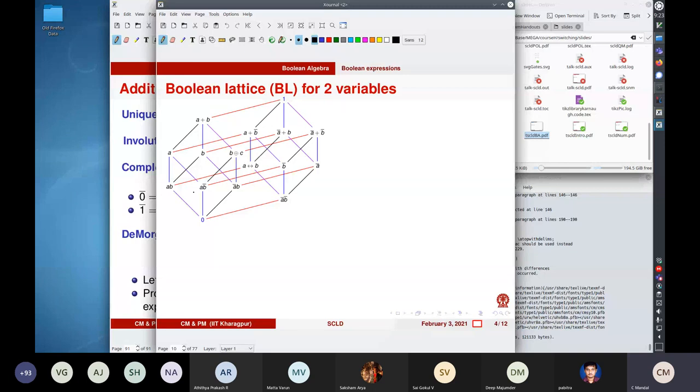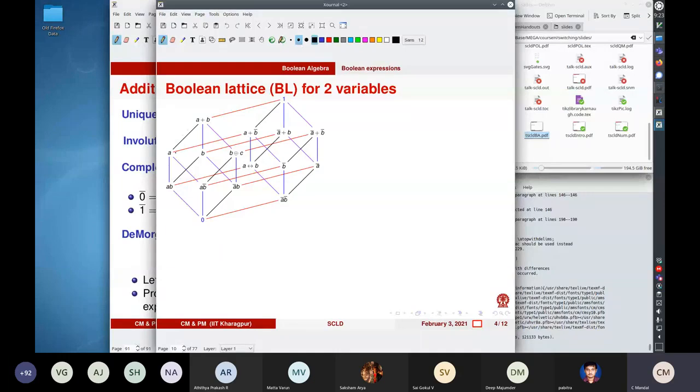And based on these, you are able to construct the join, as you have seen just some time back, using the Stone representation. You're considering various subsets.